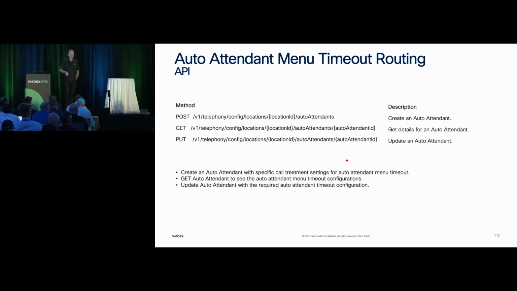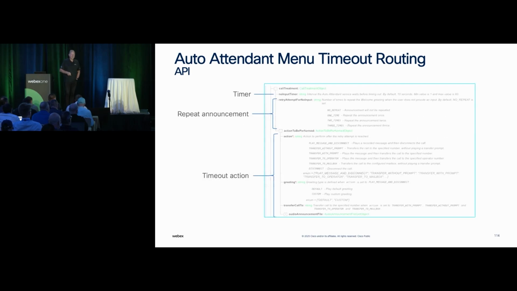So we enhanced the existing endpoints for auto attendant management and added a data structure in there that allows you to set all these options. As you can see here, there's the number of attempts, then the action to be performed: play message, transfer without prompt, transfer with prompt, transfer to operator, transfer to mailbox, or disconnect the call.